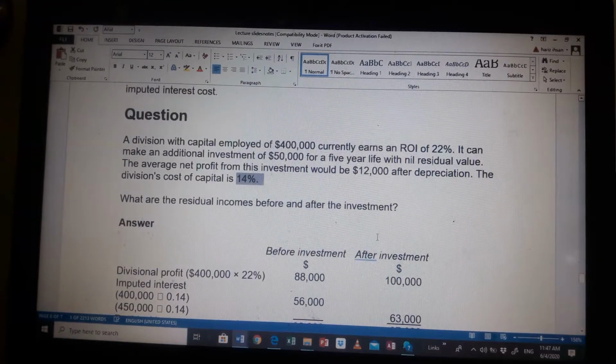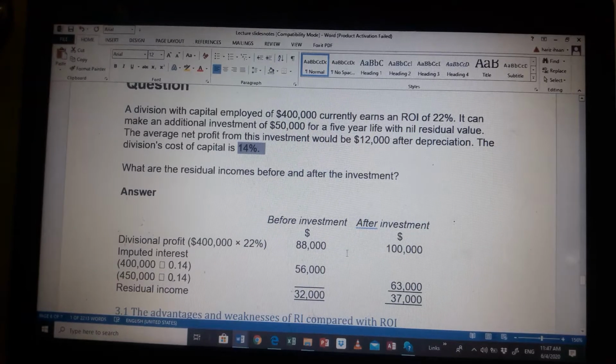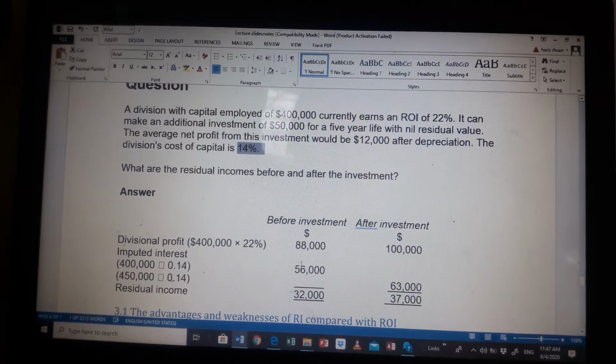So 14% times the 400,000 capital employed, we get 56,000, so therefore the residual income is 32,000. Now after investment, we have 400,000, however they want to make an additional investment of 50,000, so we just take 450,000.